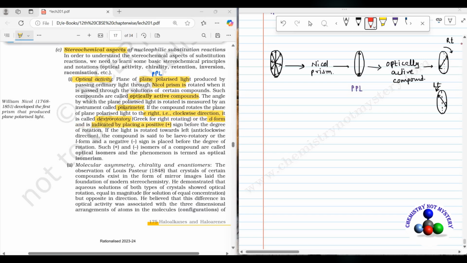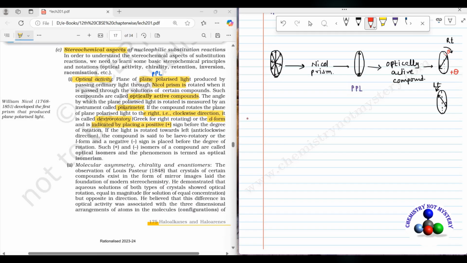So when it rotates light in the right direction, they are called dextrorotatory. For example, this angle is theta angle. Here I will represent the rotation of light by writing plus before theta. So this is the dextrorotatory compound. Such compounds are called dextrorotatory.